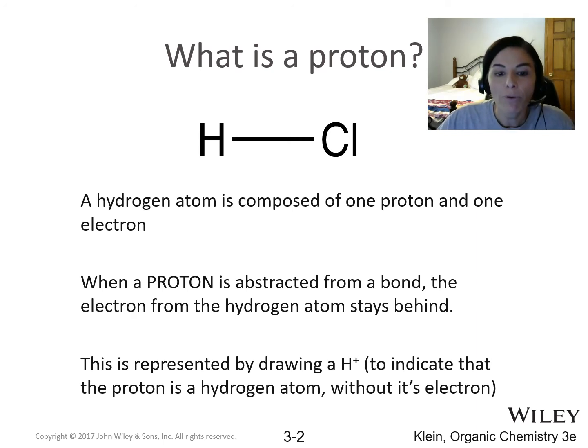When a proton is abstracted from a bond, the electron from the hydrogen atom that it initially had to make that bond stays behind. This is represented by drawing an H plus to indicate that the proton is a hydrogen atom without its electron. So that's why we get the H plus.